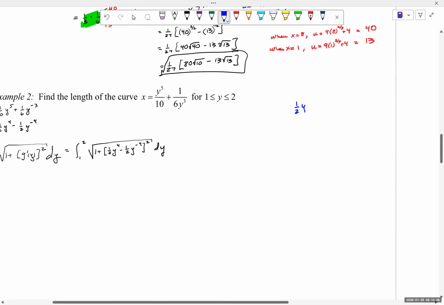incorrectly very easily. If I write this out twice and multiply, whoops, that's not what that says. When we multiply here, what are we getting?